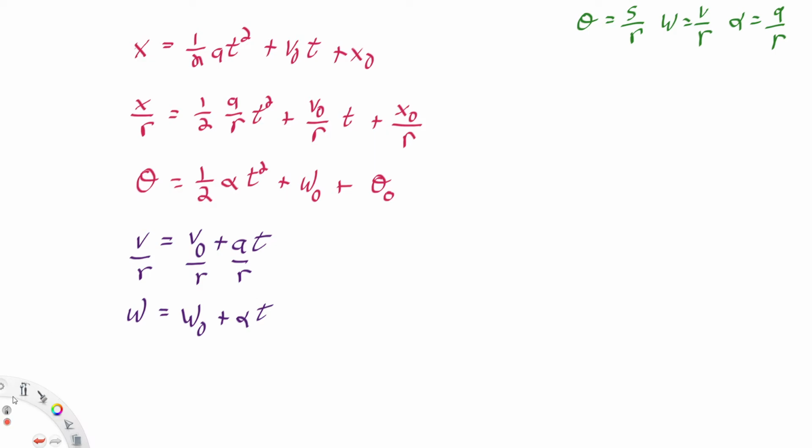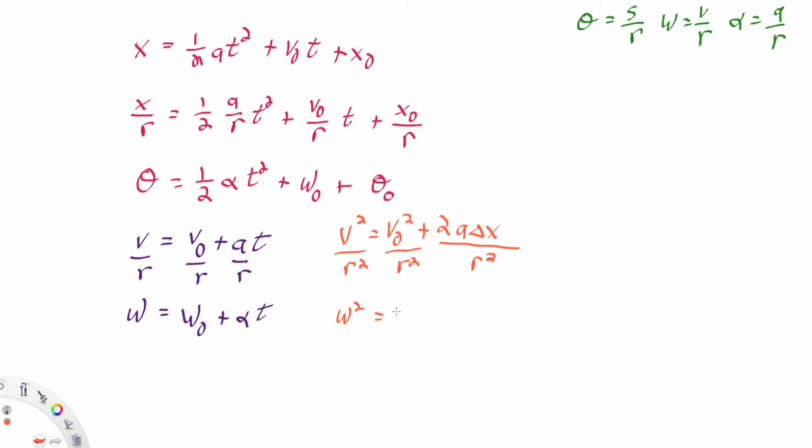And lastly, if we take our time-independent kinematic equation and divide the whole thing by r squared, v squared over r squared is omega squared.